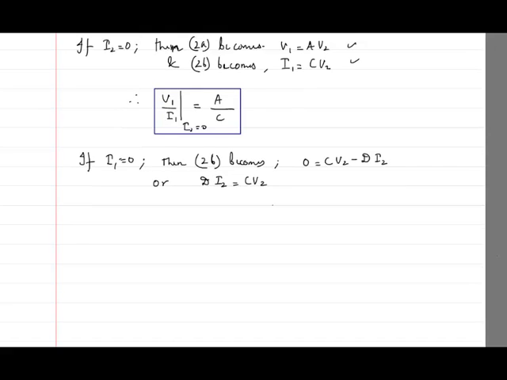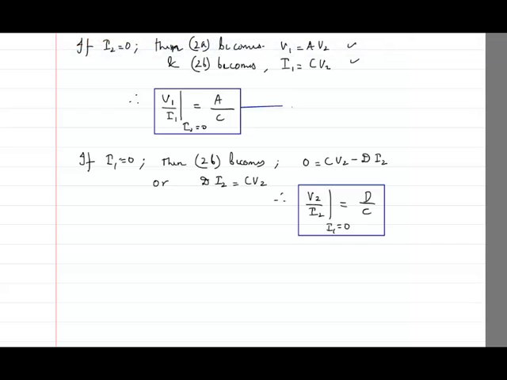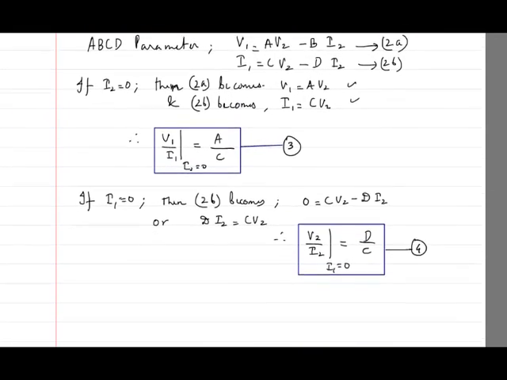Therefore V2 by I2 when I1 is equal to 0 is D by C, correct? This also I will put in a bracket and name those equations as 3 and 4.